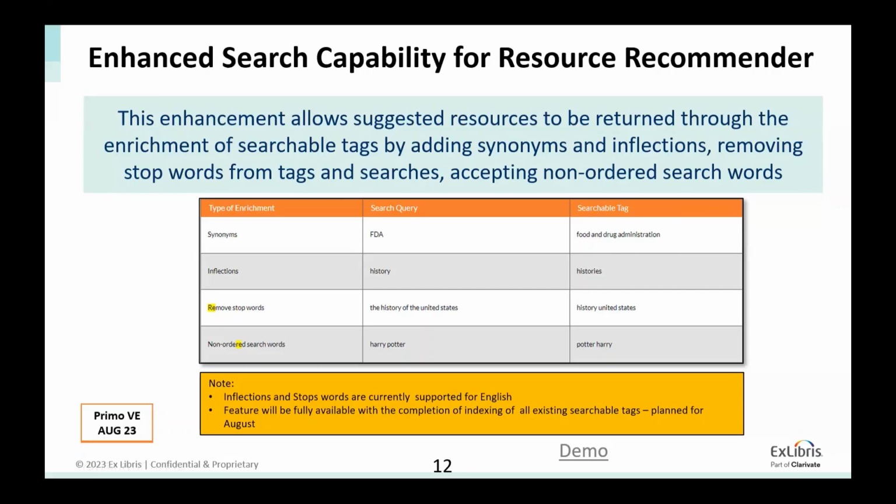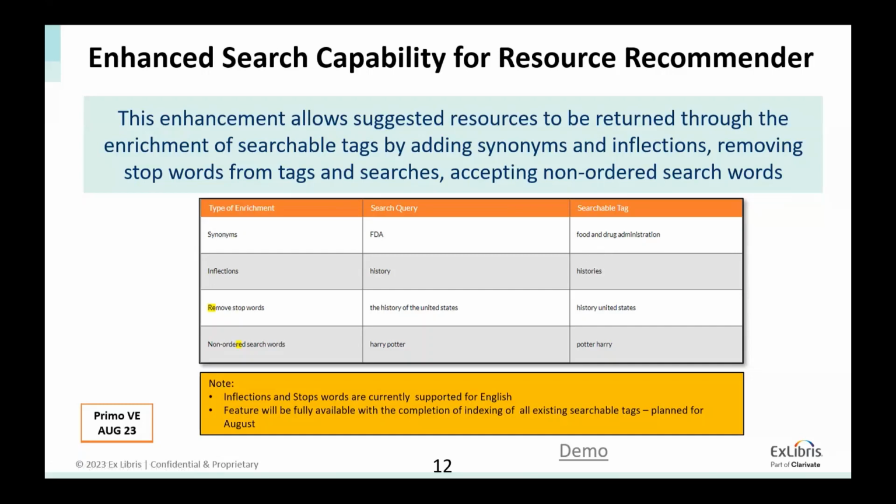Now, with this enhancement, we are also applying additional search capability. For instance, we will use the synonym. If the user searches FDA, it will also fetch the resource recommenders that match the searchable tag, because we will use the synonym file to do the extra matching.